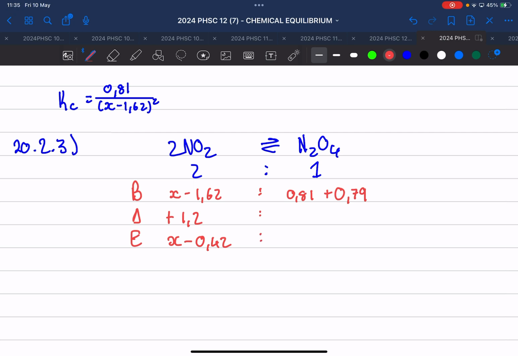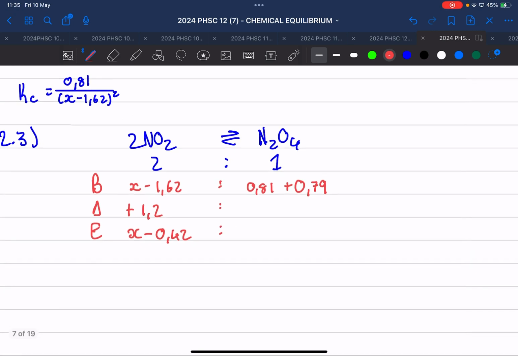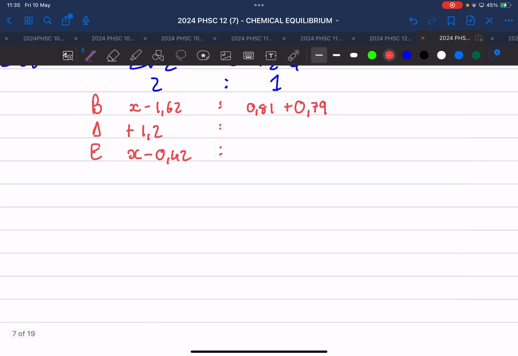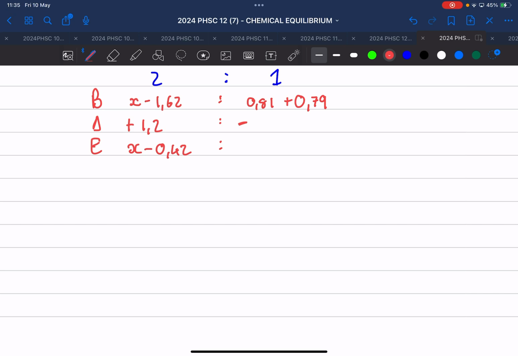Do you guys understand this? Now we must figure out how much of our product was used, so we're going to have a negative here. You're not confused because usually you have a plus with your product.